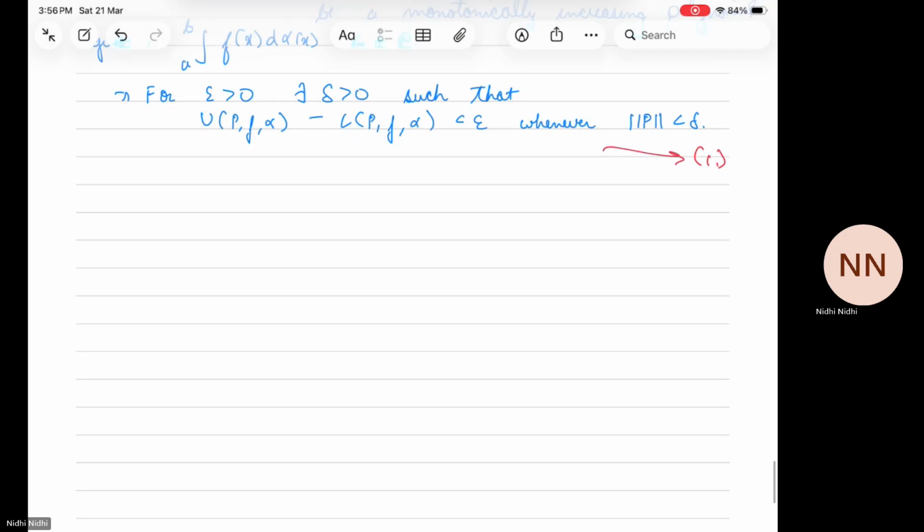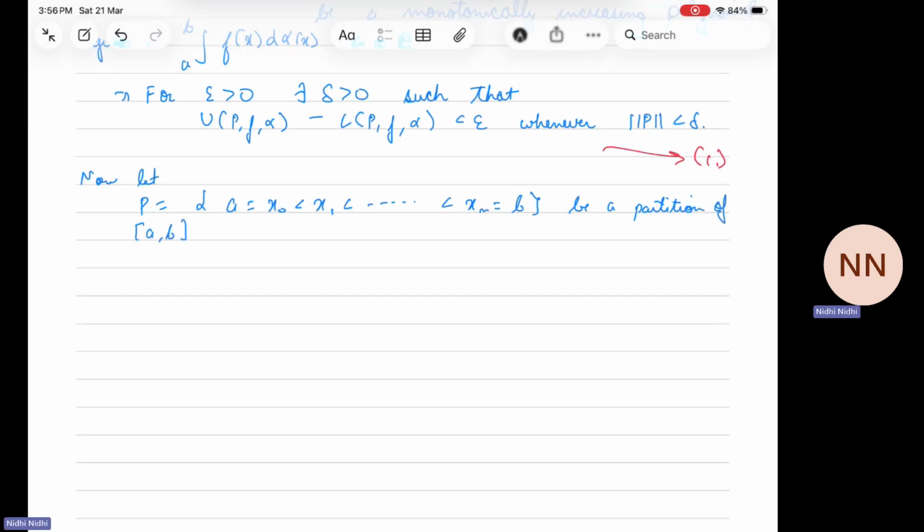Okay, now let P be the partition a equals x0 less than x1 and so on up till xn equals b, a partition of the closed interval a to b with norm P strictly less than delta. Then we need to show that this is Riemann integrable.